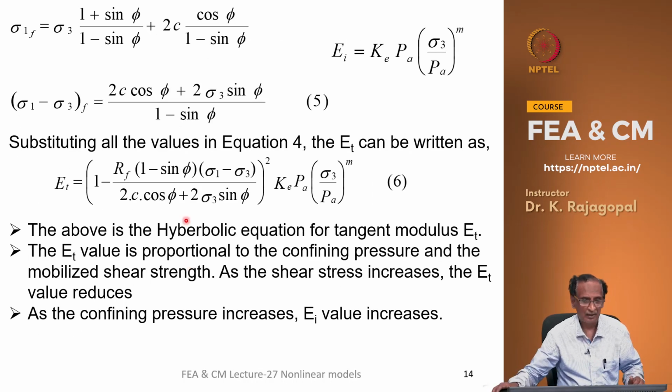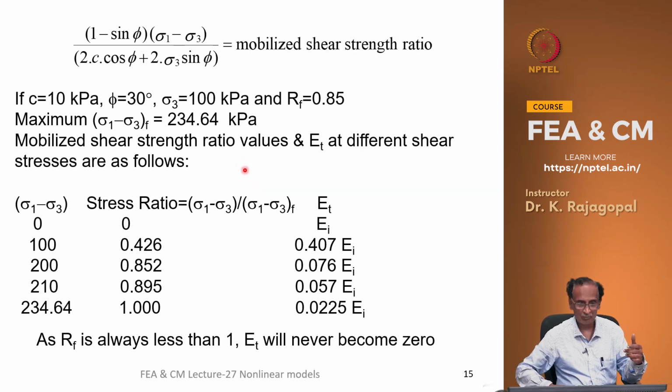So, this parameter, (1 minus sin phi) times (sigma 1 minus sigma 3) over (2 C cosine phi plus 2 sigma 3 sin phi), is called the mobilized shear strength. Basically, (sigma 1 minus sigma 3) f is this, and (sigma 1 minus sigma 3) is the shear stress.